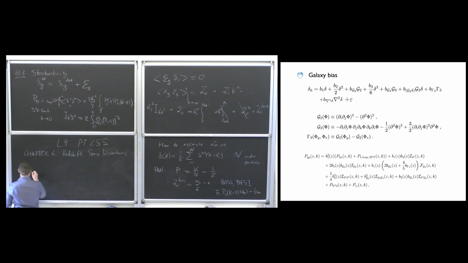Okay. So the origin of redshift space distortions lies in the procedure that we use to map the galaxies from the sky onto the Cartesian box. Basically, when we see a galaxy, we see it on the sky.